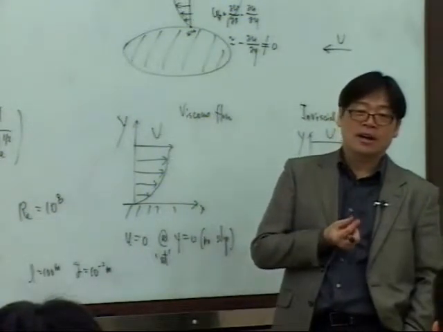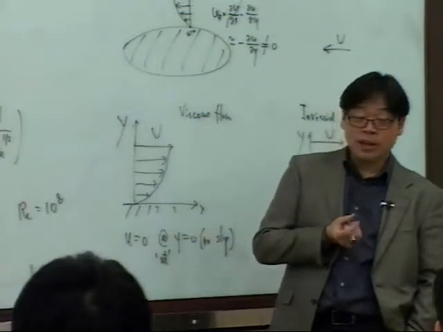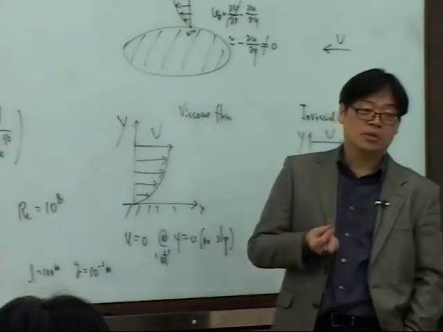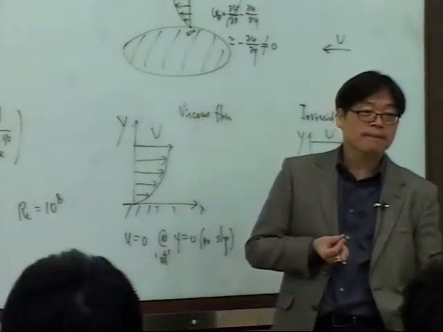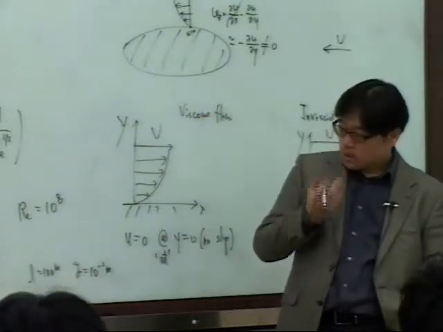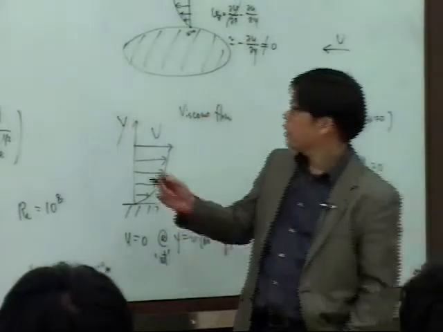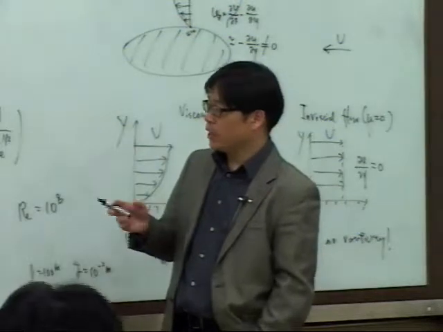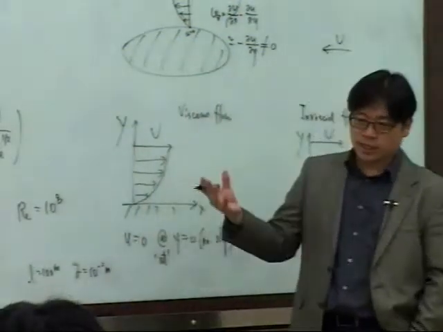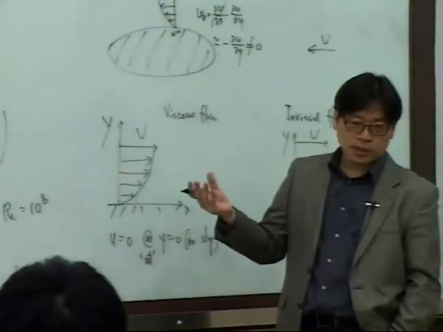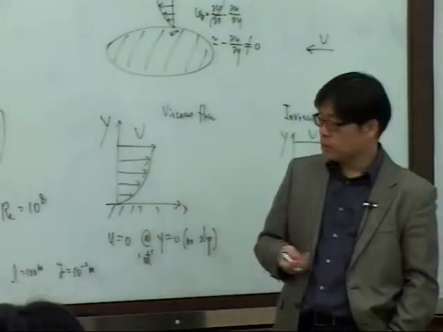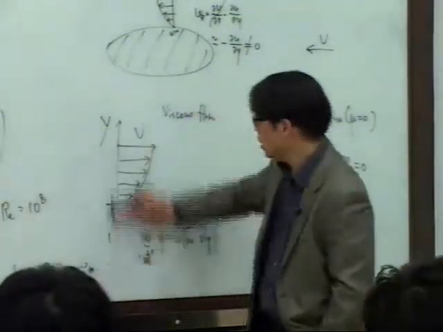Okay? So the boundary layer thickness is really small. So away from the boundary layer, you may think the flow is inviscid and irrotational because the vorticity is not generated.